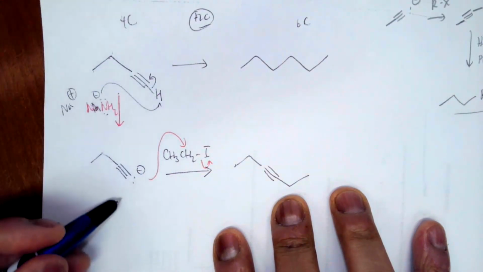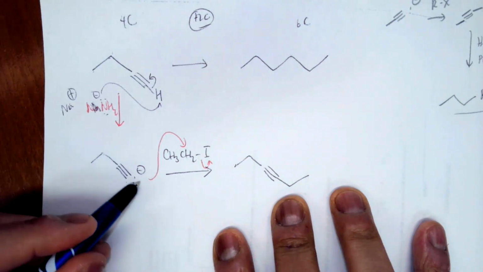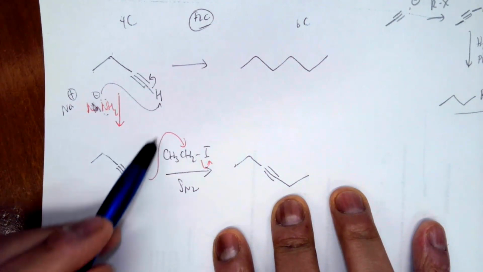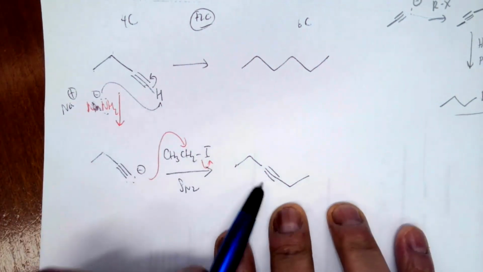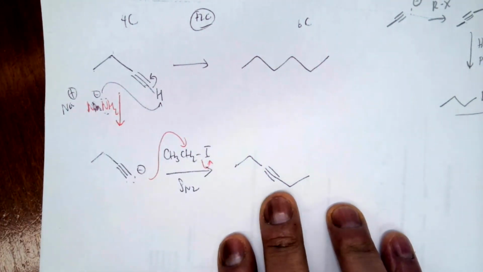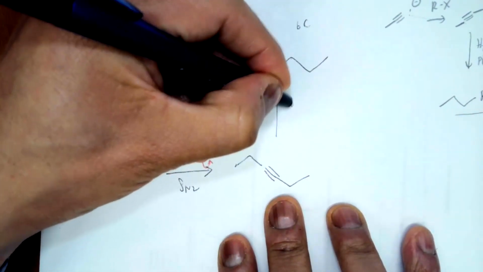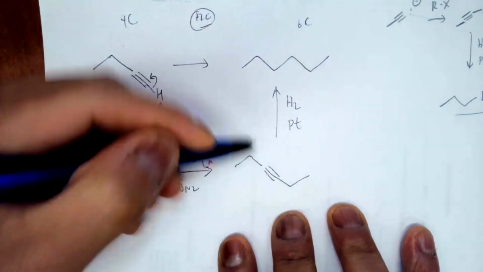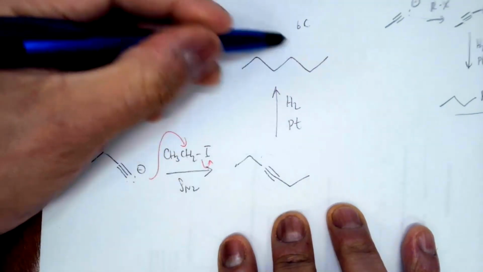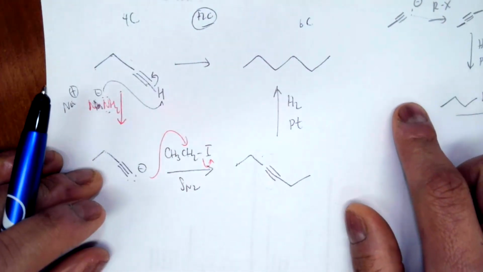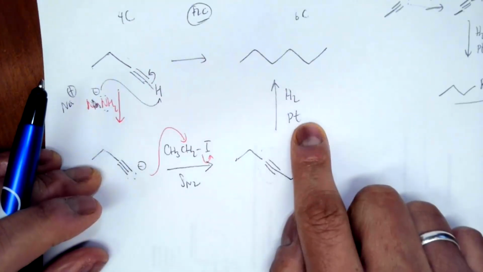This bond goes to the carbon, forming the alkynide. And then the alkynide does an SN2. That one has to be an SN2. Remember the arrows for the SN2, one on one side and the other for the opposite side. And you get the alkyne. From this alkyne to alkane, all I have to do is H2, Pt. And it gets rid of the triple bond to go to the single bond. And that's it, this is the synthesis reaction.